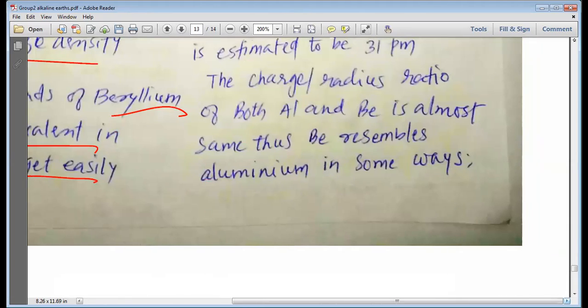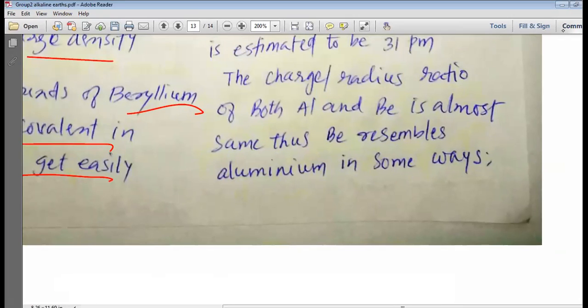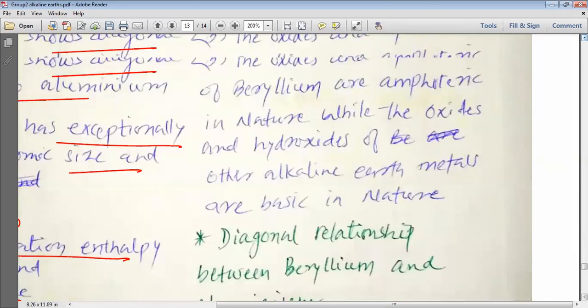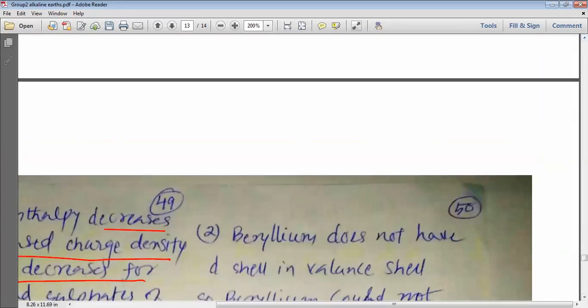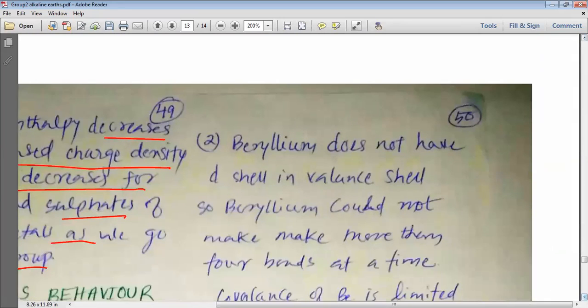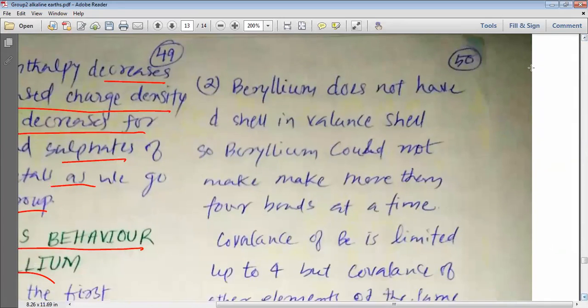So compounds of beryllium are generally covalent in nature compared to the others, and they can be easily hydrolyzed. Please remember, they undergo hydrolysis. They are not hydrated, please mind well. They are hydrolyzed, not hydrated.